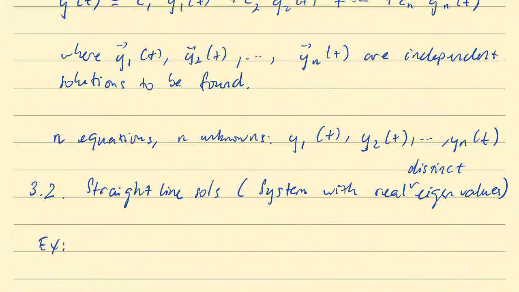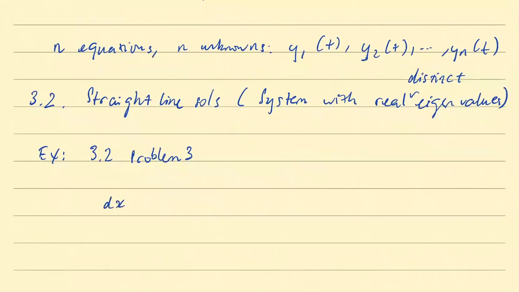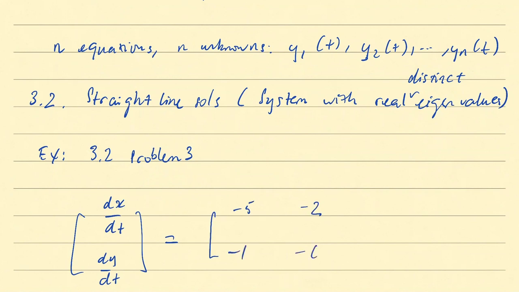Let's say this is 3.2, problem 3. They look at dx/dt, dy/dt to be the matrix [-5, -2; -1, -4] times (x, y). That's the book notation and the book's problem.